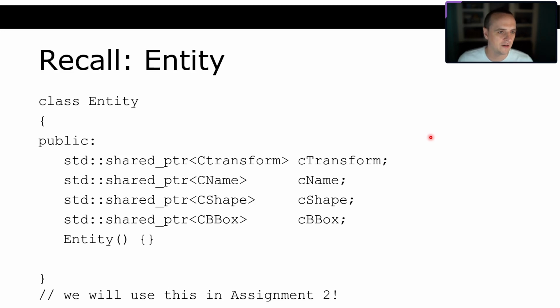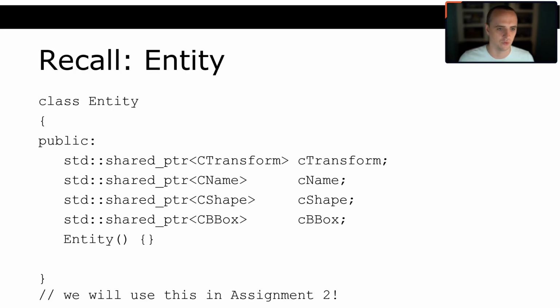And so when an entity is constructed, we essentially have all of these blank shared pointers. And when you default construct a shared pointer, by default, it's equal to null. Okay, so the internal pointer of a shared pointer that has not yet been set up is a null pointer. And so if you want to check if a component has, oh, there's a typo here too, and it's probably on all my slides if it's on this one.